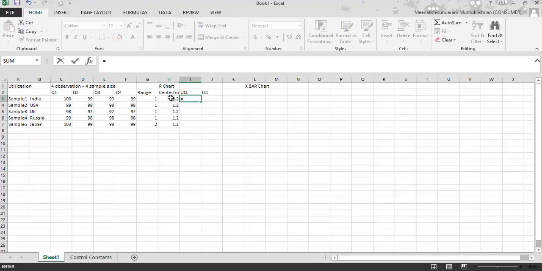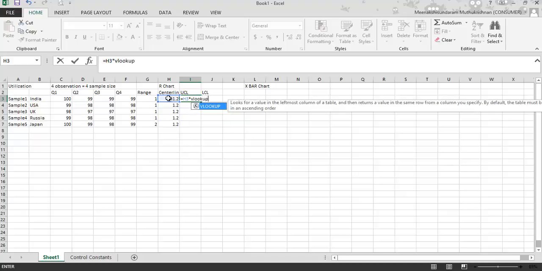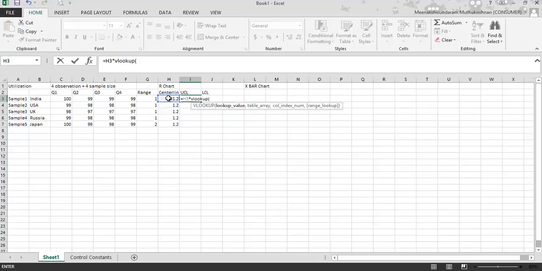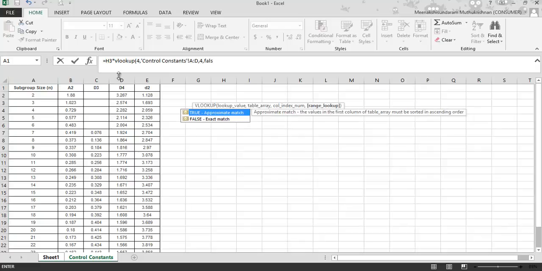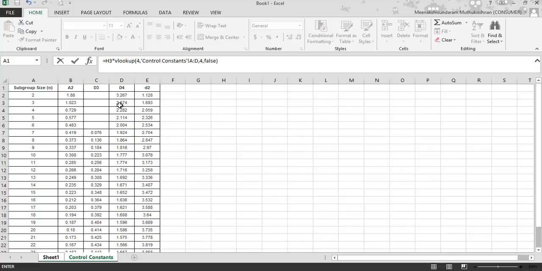Okay, so the central line into, you can use VLOOKUP to validate that. So VLOOKUP the sample size 4 in this sheet in the 4th column. That will give 2.282.